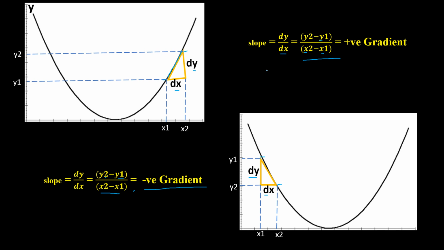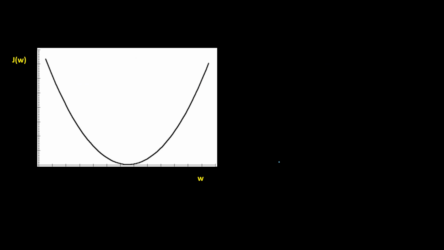This is a positive gradient and this is a negative gradient, and I'm showing you this because in gradient descent, whether you are at a negative or positive gradient point, your aim is to move opposite to wherever you are. If you are here, you will move positive; if you are here, you will move negative. Let's see this example.